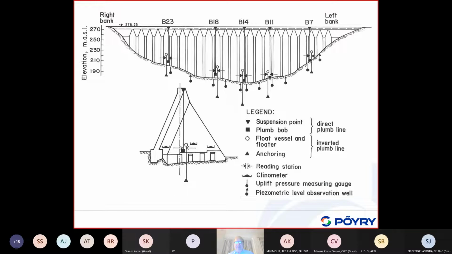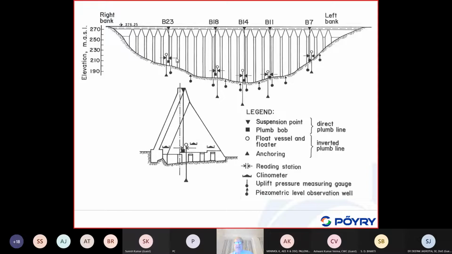Okay, we see here the dam with some monitoring equipment. There are also some pendulums, some plumb lines, in order to measure the deformations. So there are a number of instruments which are shown here.